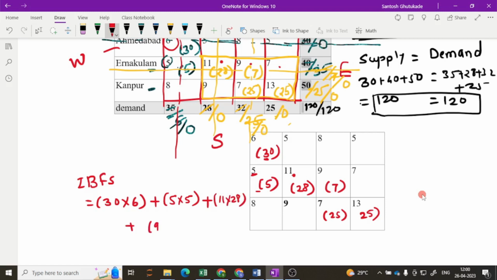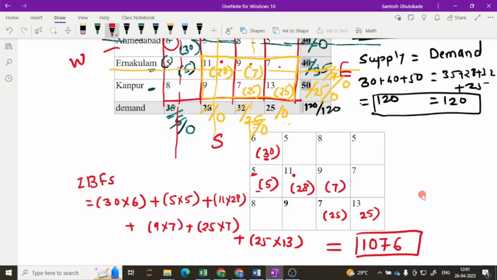Similarly, plus 9 into 7, plus 25 into 7, plus 25 into 13. If you add all of these, we get the answer, suppose 1076. So this is the initial basic feasible solution of the problem by the northwest corner rule.